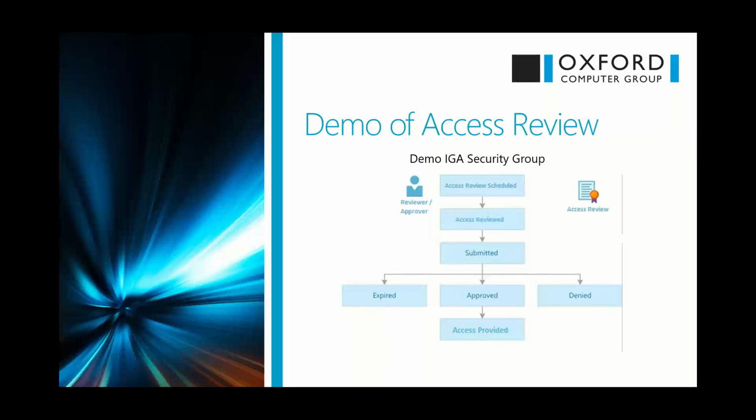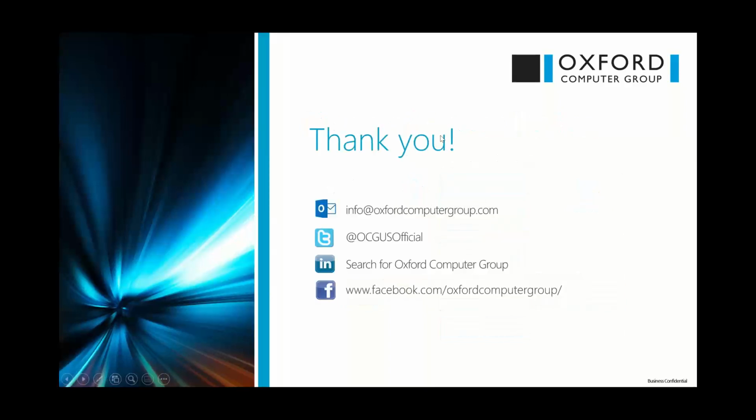We're going to see what access is out there for the IGA security group, all the accounts that are in that security group, and then we are going to either approve or deny access to that security group after a review process, review time. All right, so I'm going to get to the demo.